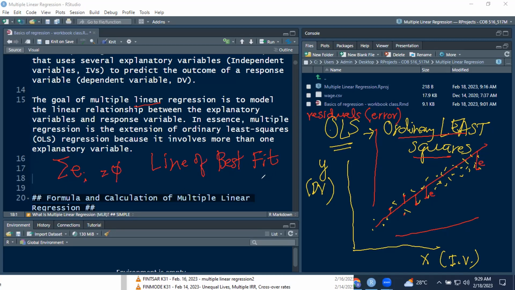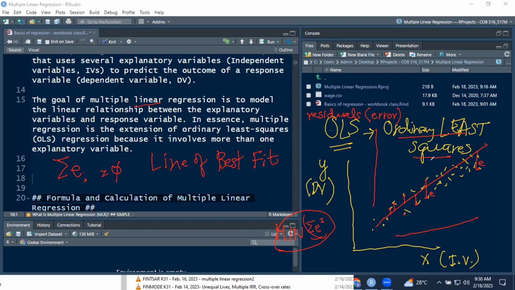Secondly, this specific red line, when we add up all the residuals and square them, so we have the sum of the residuals squared, will be a line where the sum of squared residuals is at a minimum.